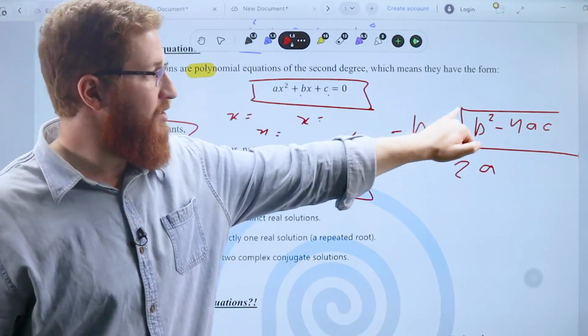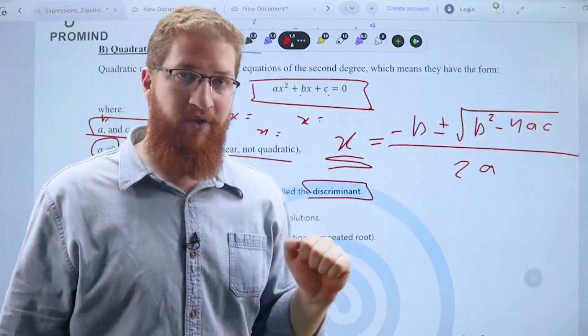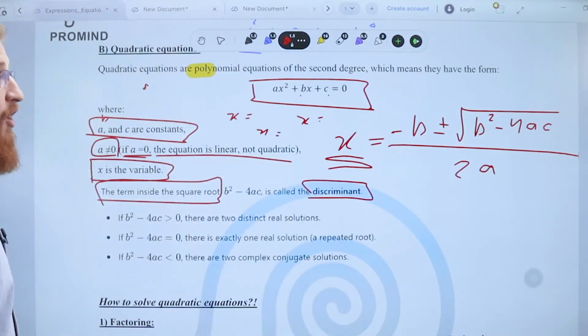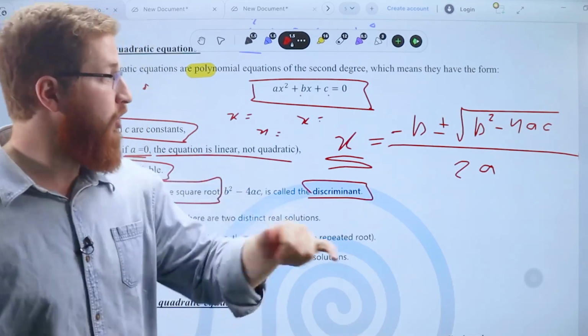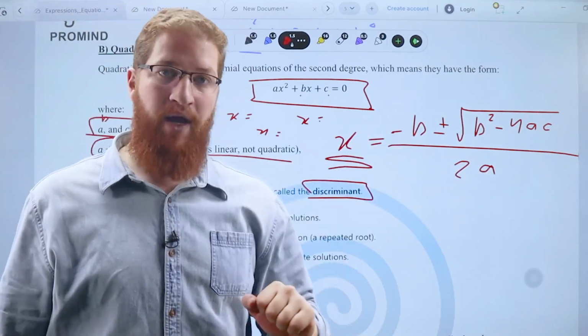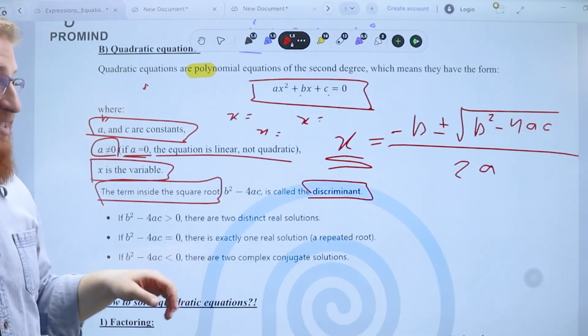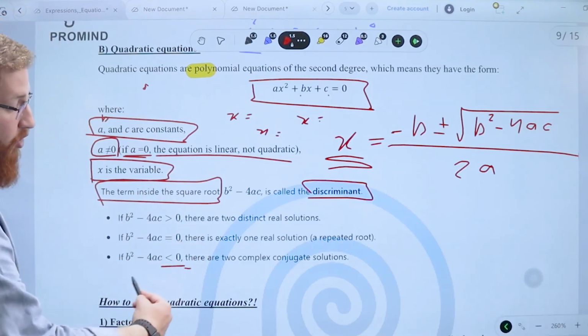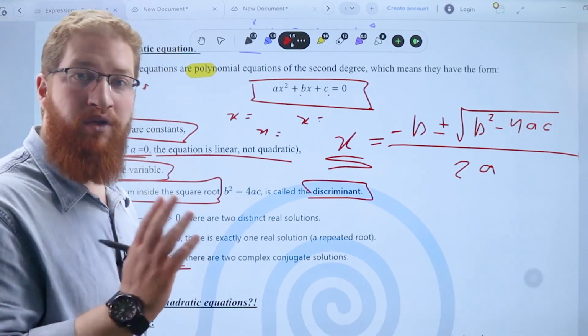One is plus the square root, and the other is minus the square root. If the discriminant is 0, I only have one solution, which is minus b over 2a. And if the discriminant is negative, smaller than 0, then there is no real solution.